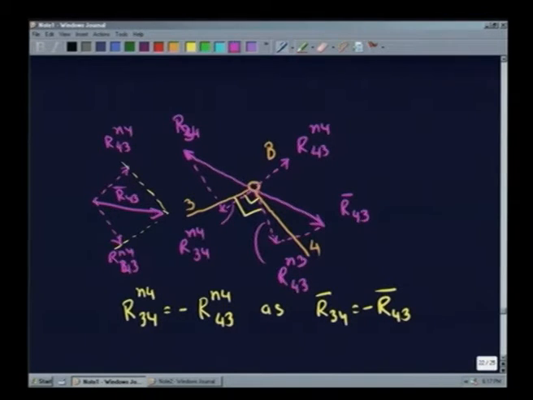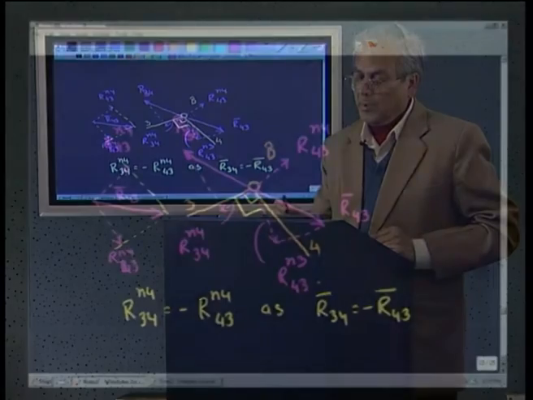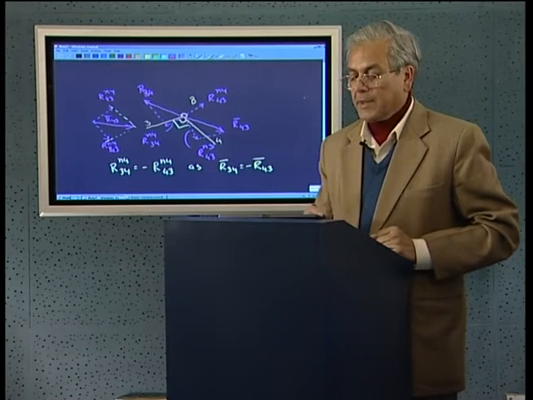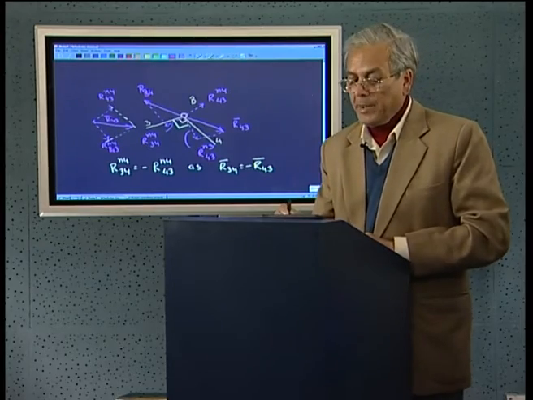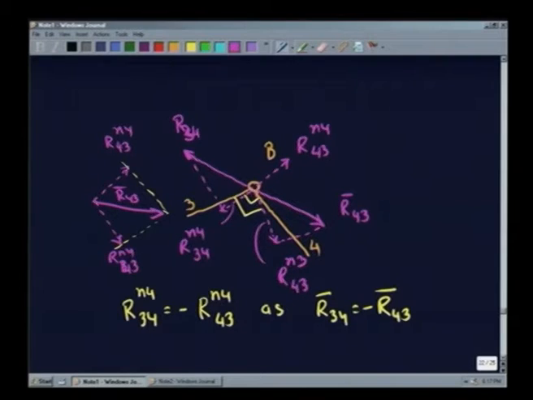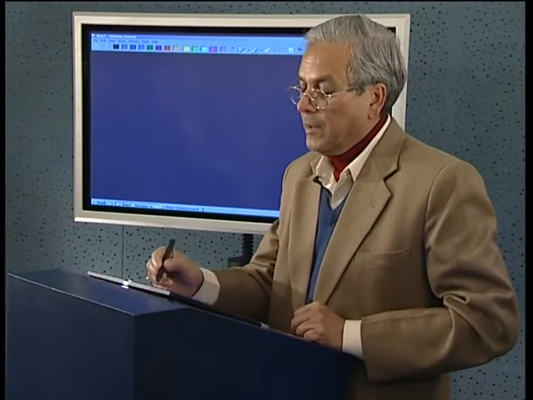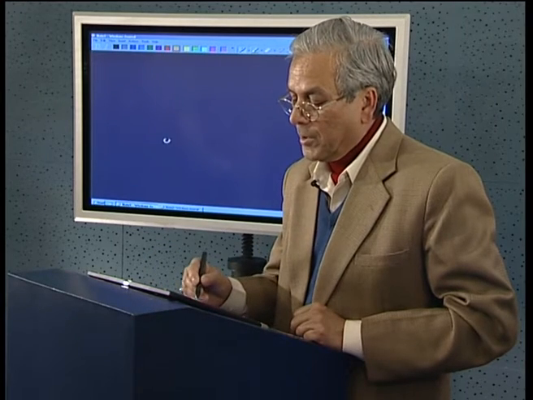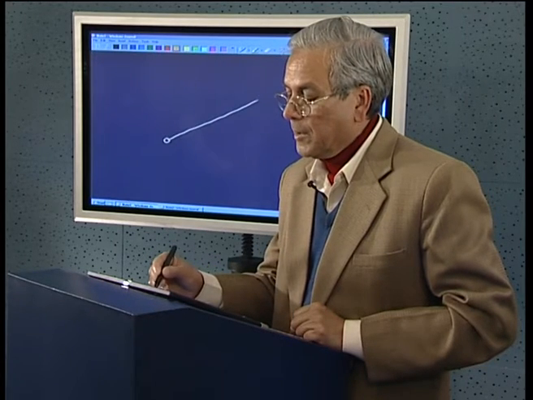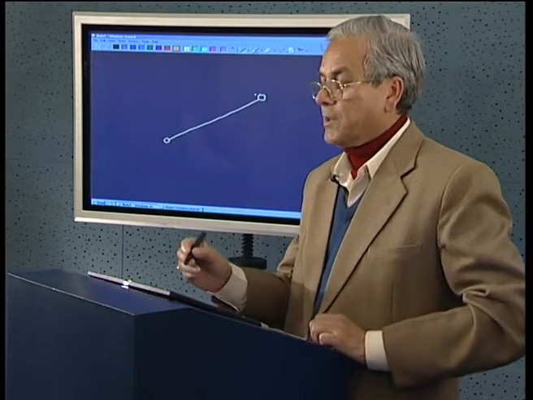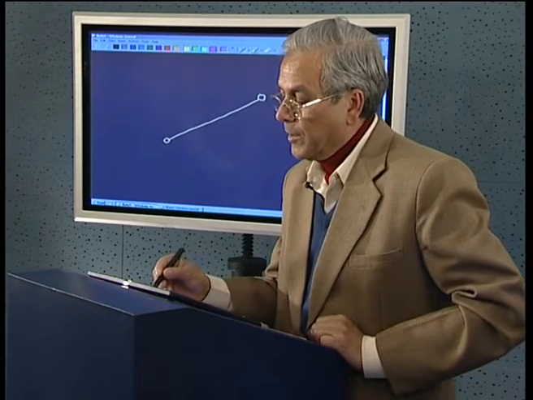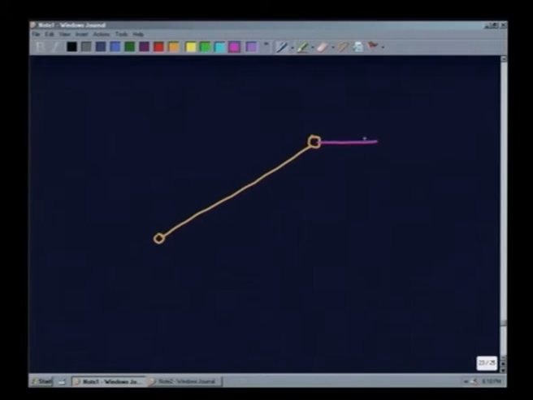So, by considering the equilibrium of link 3 and equilibrium of link 4, and since they are interconnected at this location B, we have been able to find out the magnitude and direction of the pin force or the joint force at B. Once that is done, then when you go back to our original problem of finding out the resultant force on this, we have been now able to find out the resultant link force.